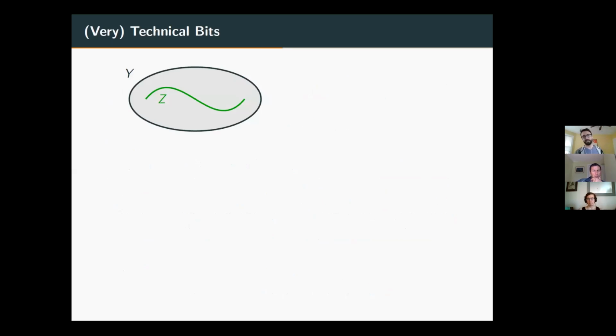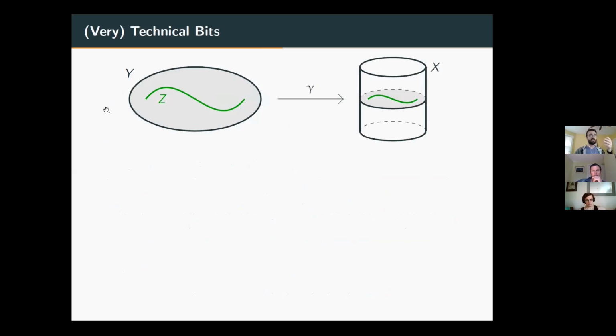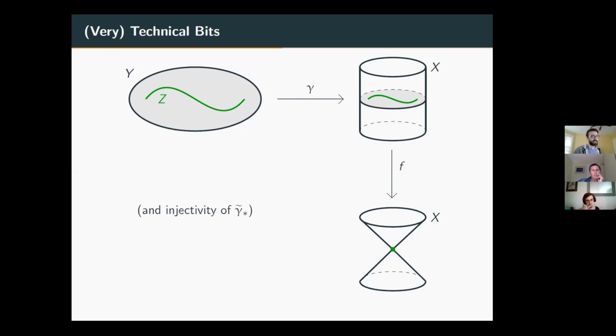Okay, here's the picture for the lemma. Suppose I have some variety y, and z is extremal in it. Green means extremal. I can put it into x, and then I can contract y. And if I can do this, we'll notice as well that z dropped dimension. It was dimension 1, now it's dimension 0. So my index is positive. If we assume this and the technical bit about being injective, then this image down here, this green image, stays green.